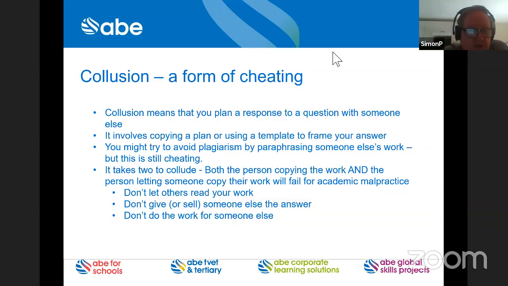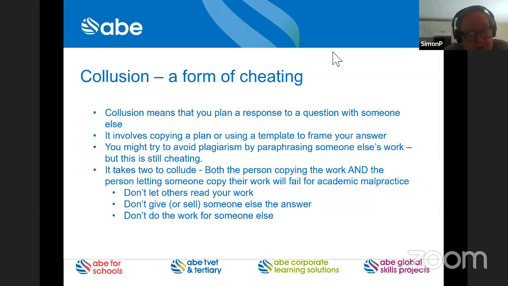So do take care not to collude, because you'll be found out much quicker than with the plagiarism example that we talked about earlier. So make sure that you keep the integrity of your work intact.